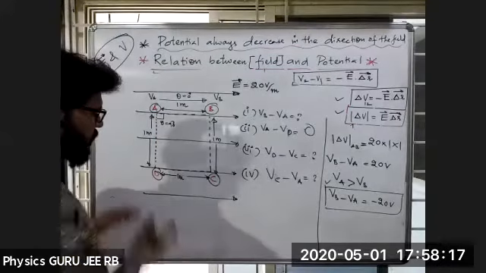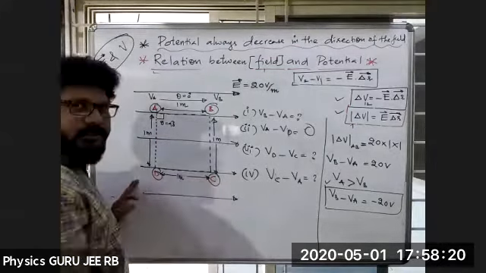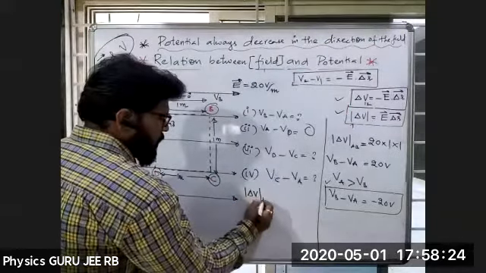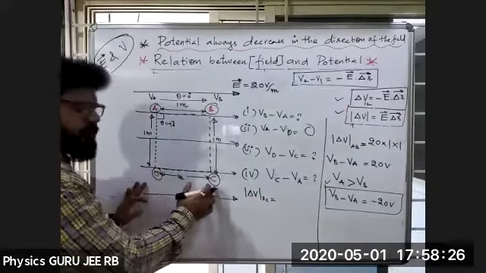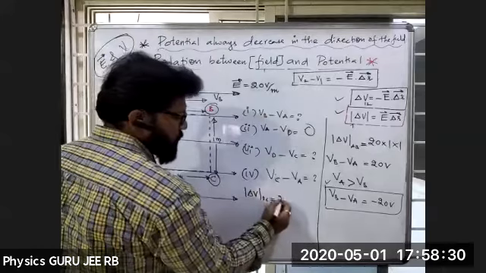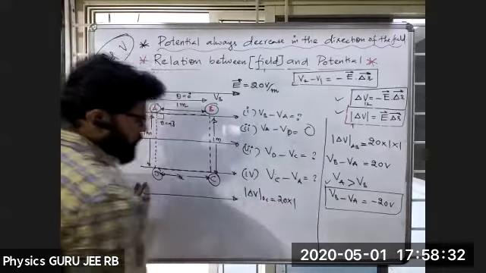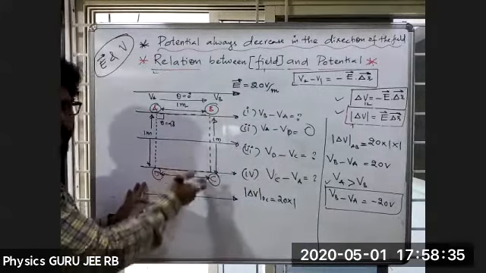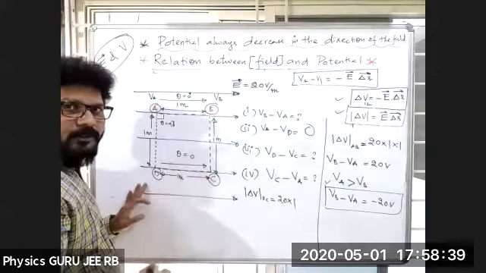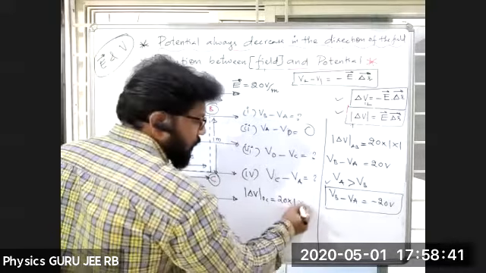Fine. Next, DC. If you take DC, can you tell me? So potential of V, D to C, if I take 20 volts, 20 into 1 into the same direction, parallel to each other. Parallel means theta is equal to 0. Cos 0 is nothing but 1.